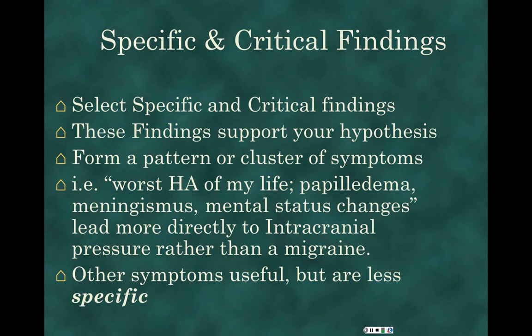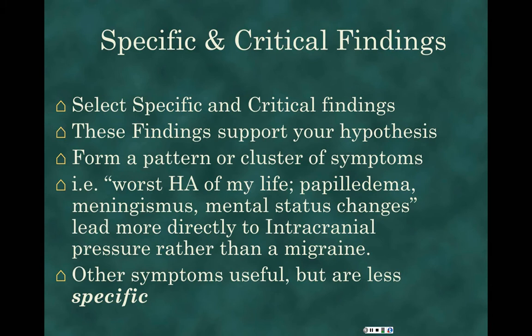So for instance, the worst headache of my life is related to things that are very serious, such as brain tumors or meningitis. Papilledema, meningismus, mental status changes lead us more directly to a diagnosis of intracranial pressure rather than a migraine headache. So we want to look at those patterns and those clusters of symptoms.